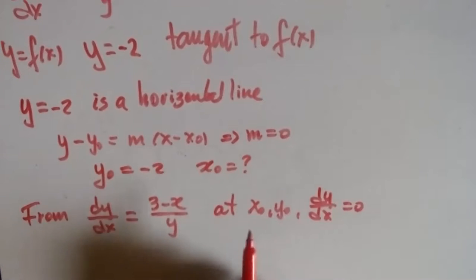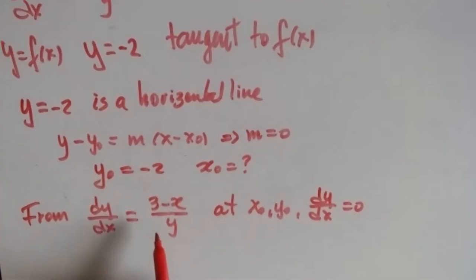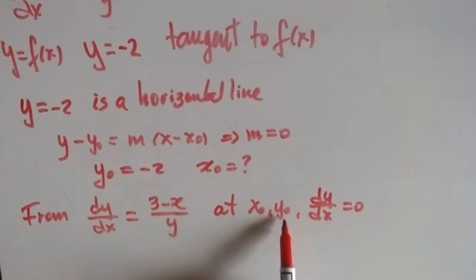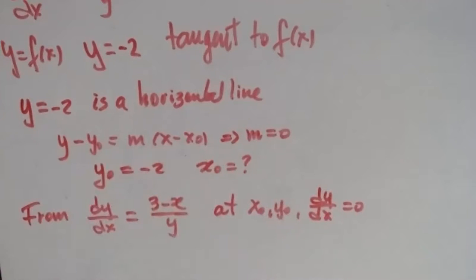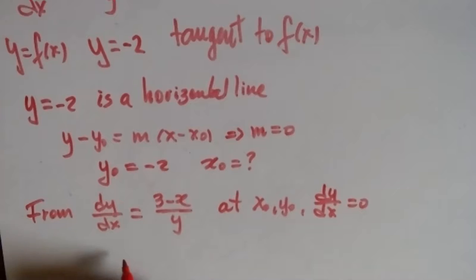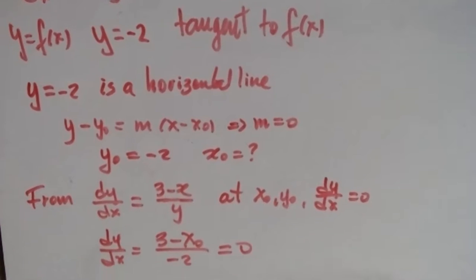So this is my reasoning. This is the differential equation. At x0, y0, this tangency point, the slope has to be 0, correct? Now we know that y0 is -2, so we have dy/dx equals (3 - x0)/(-2), and this has to be 0.